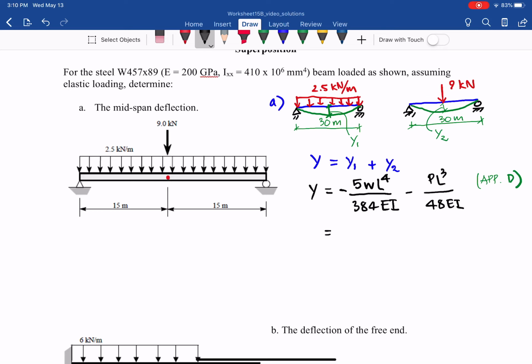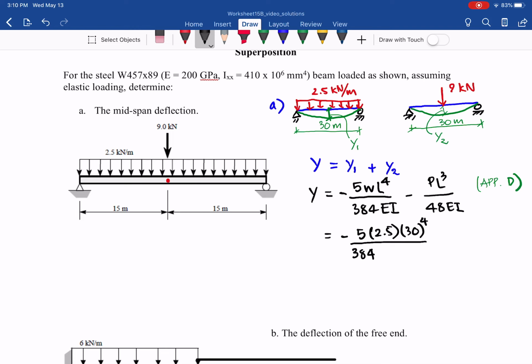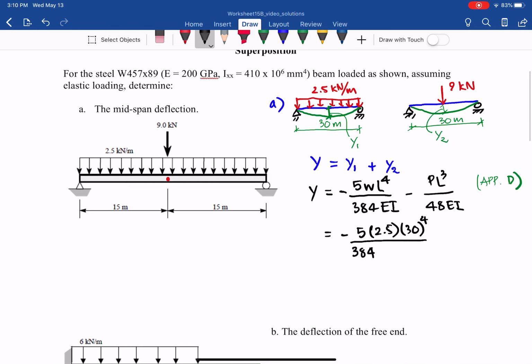So we get negative 5 times w, 2.5, times 30 to the power 4, over 384 times E, 200 gigapascal. We change it to pascal, and because the load is in kilonewton, it will be kilopascal, so 200 times 10^6 kilopascal.